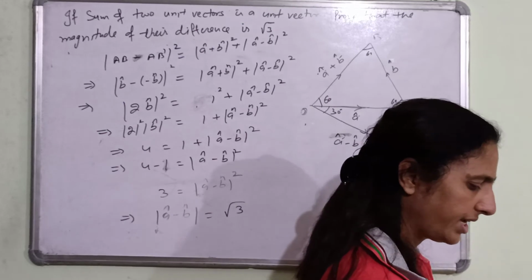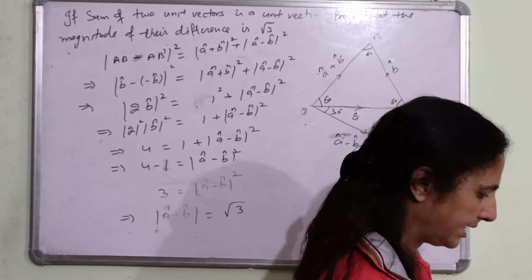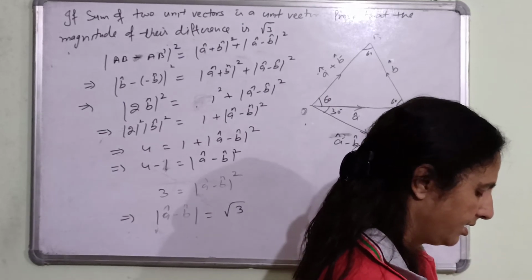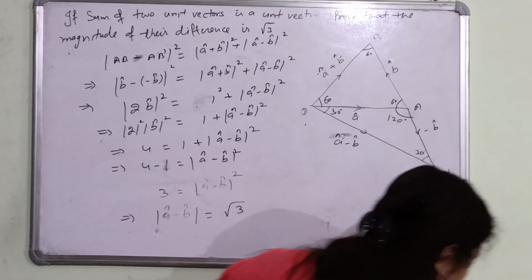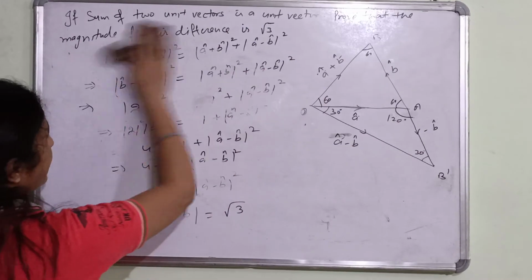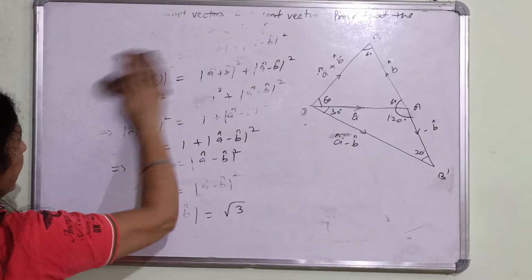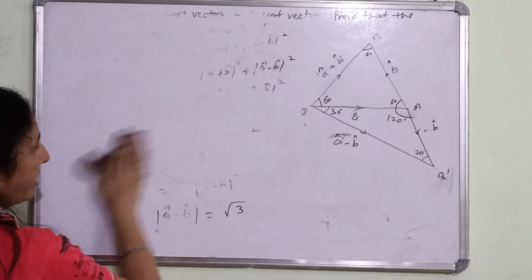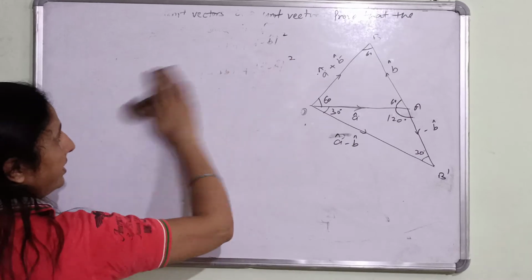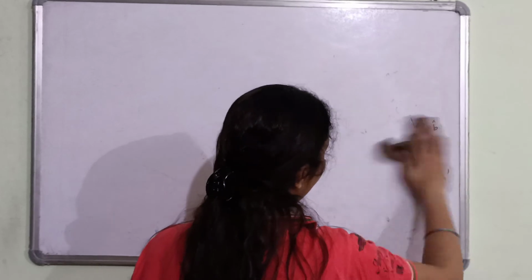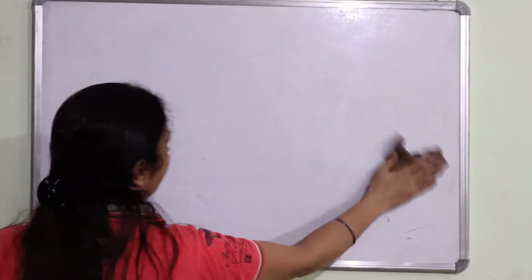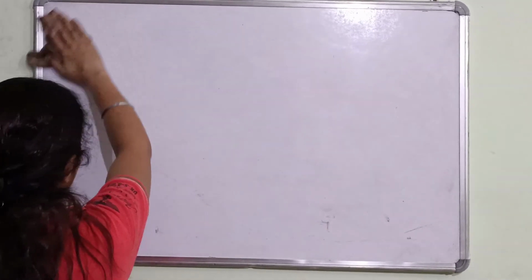So next, multiplication of a vector by a scalar. One last question is there. By using this concept also, the next concept is multiplication of a scalar by a vector. Whenever we multiply any scalar to a vector, what happens? This is the last concept of today's video, and we'll do one question also.